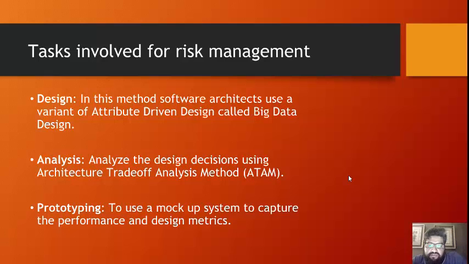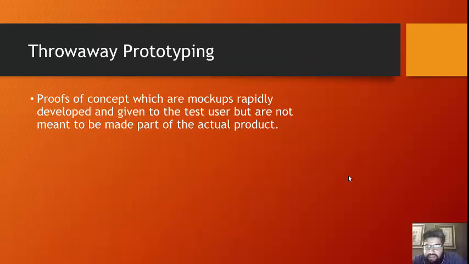So there are three types of prototyping schemes used, and the authors explain in detail about when each of them is useful and effective. So the first one is throwaway prototyping. With throwaway prototyping, a small part of the system is developed and then given to the end user to test and evaluate.